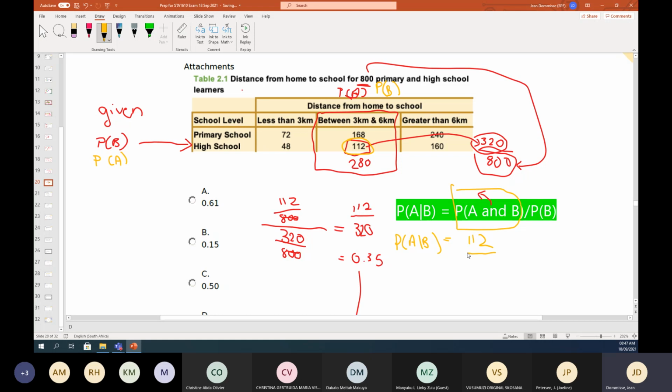There's no problem in the AND, but now suddenly your P(B) is looking at this part, so it's the 280. So if you then did that calculation, 112 divided by 280, you get 0.4.